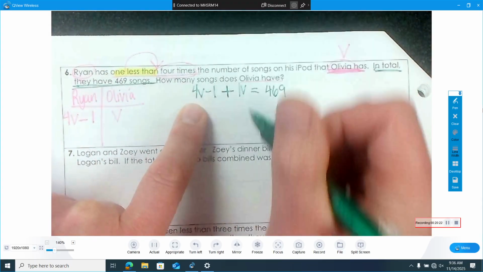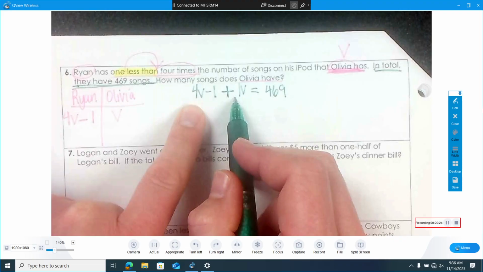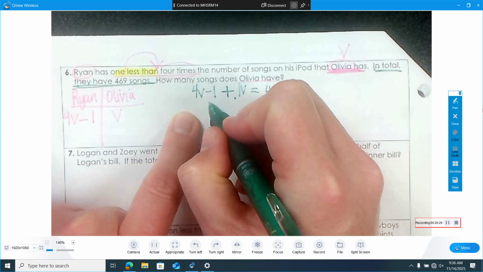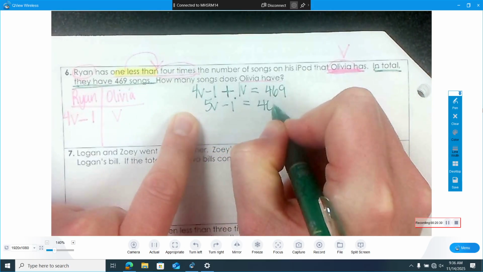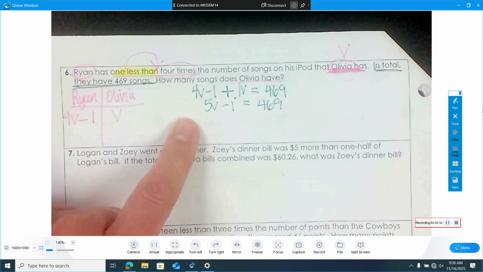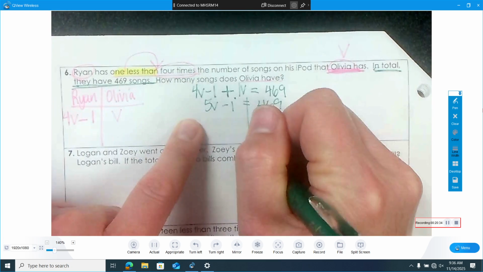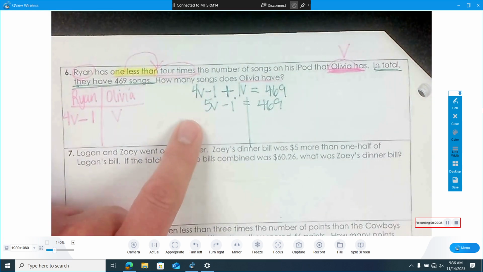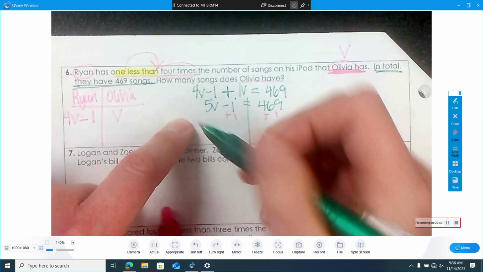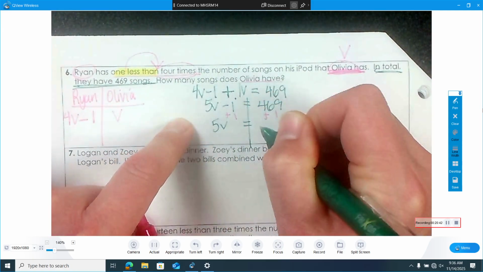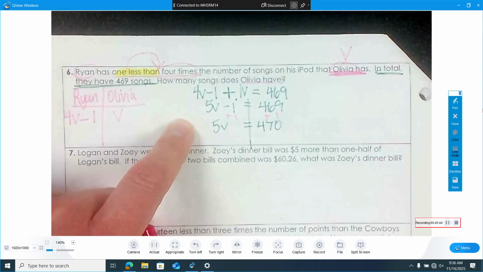All right, we have 4 V's plus 1 V, which is 5 V's minus 1 equals 469. And then we need to do what? Add 1. We get 5V equals 470.